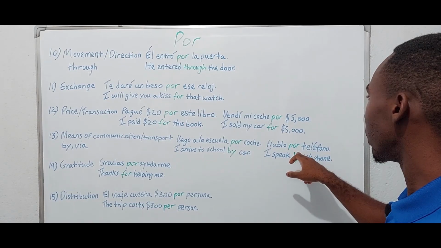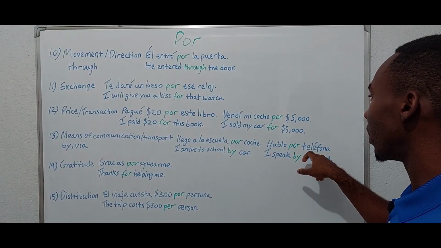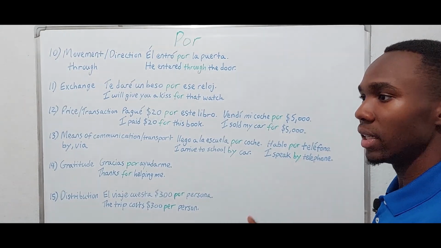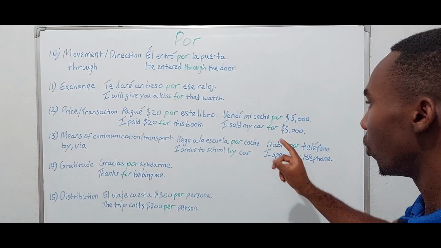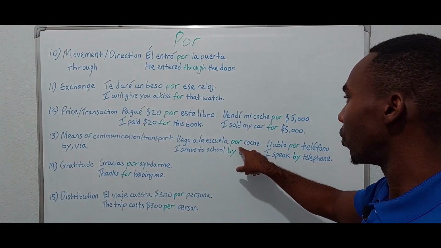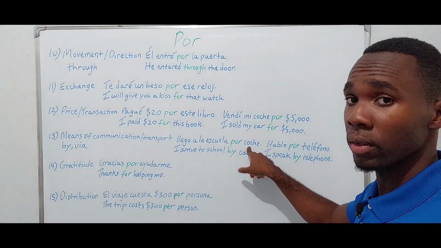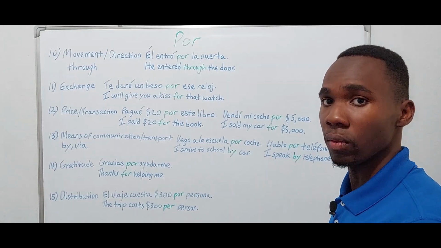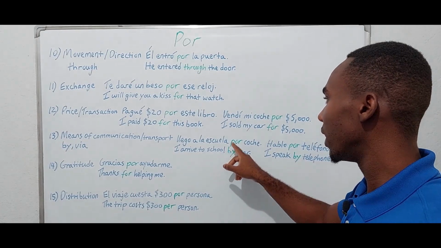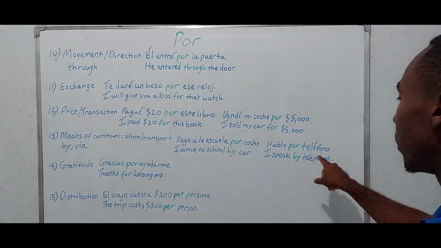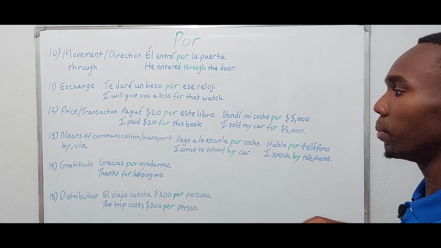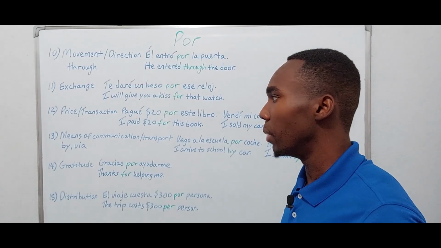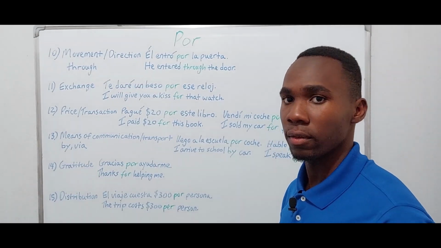So once we mention the mode of communication afterwards, that would express how we normally communicate. Just like how here, after the por, you would put the mode of transport. That would express how we usually get around, and this would express how we usually communicate. So por is going to be used to describe the means by which we communicate or travel. All right?